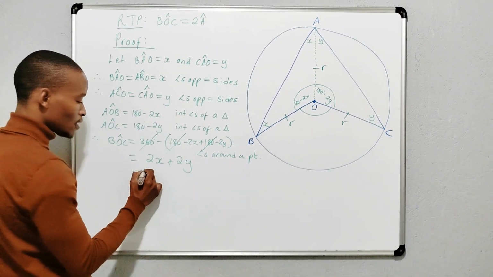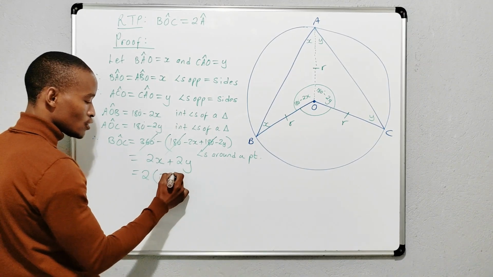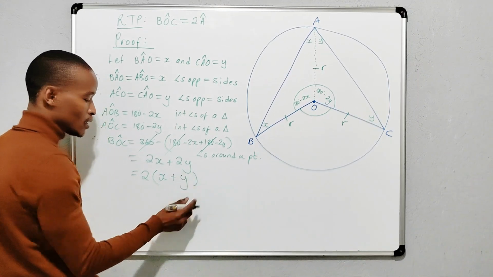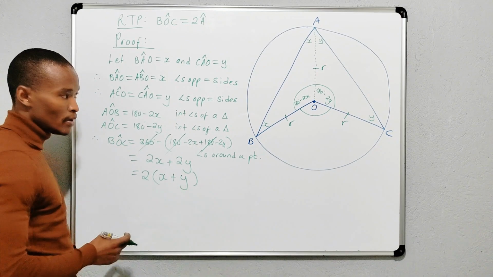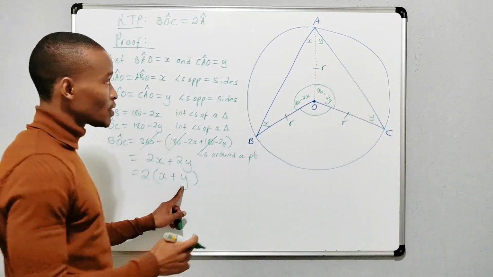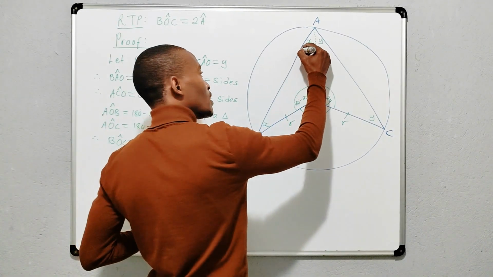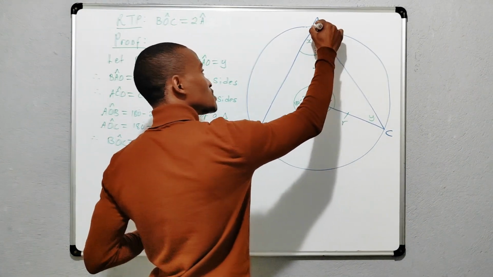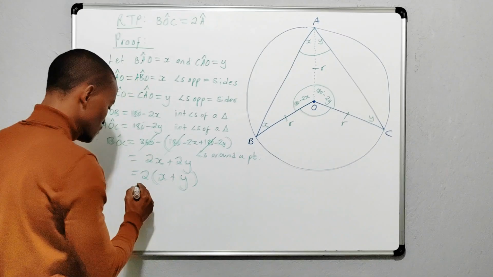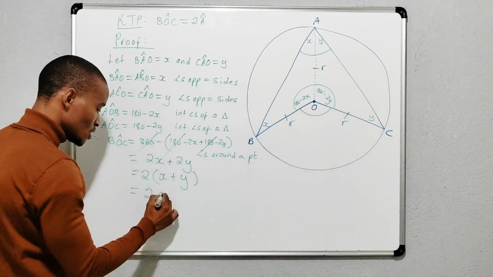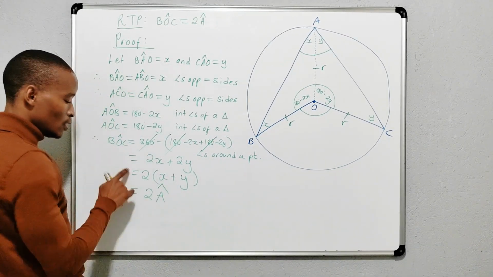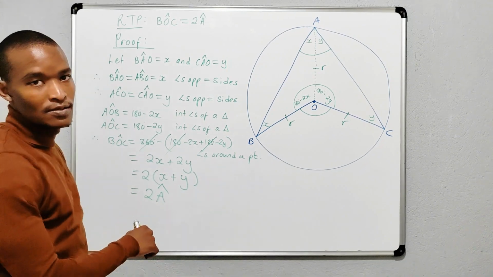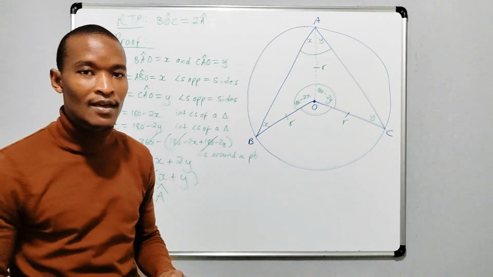And if you factorize the 2 there as your HCF, you end up with 2 into x plus y. Where is x plus y? X plus y is the sum of x and y right there at A, so it represents angle A, and therefore this is equal to 2 times angle A. Are we done? Yes. Okay, you leave it there.